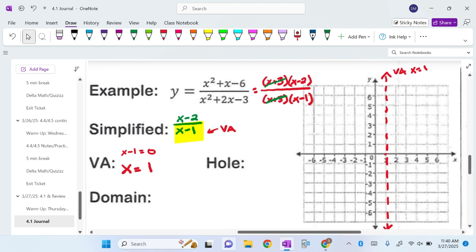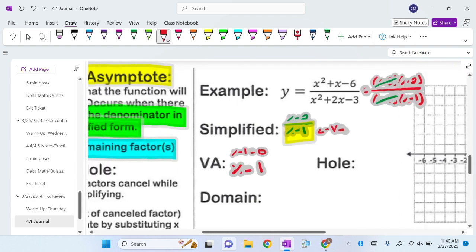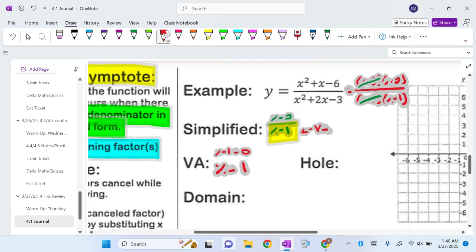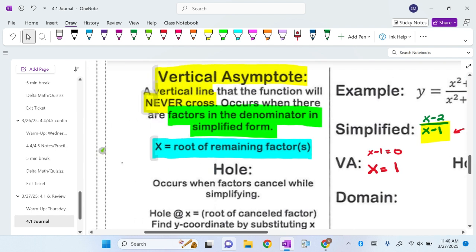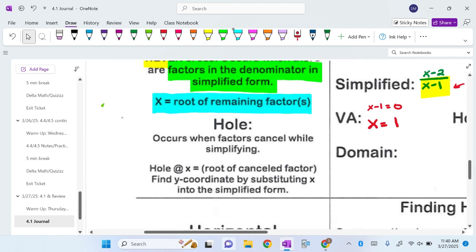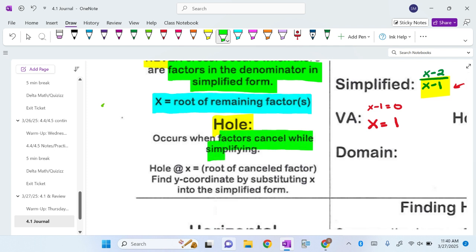Now, on the other end, there's a hole. The hole also comes from the act of simplifying your rational. The hole occurs when factors cancel while simplifying. In other words, we use whatever factor we canceled out to get our hole. So the x value of the hole is equal to the root of the canceled factor.